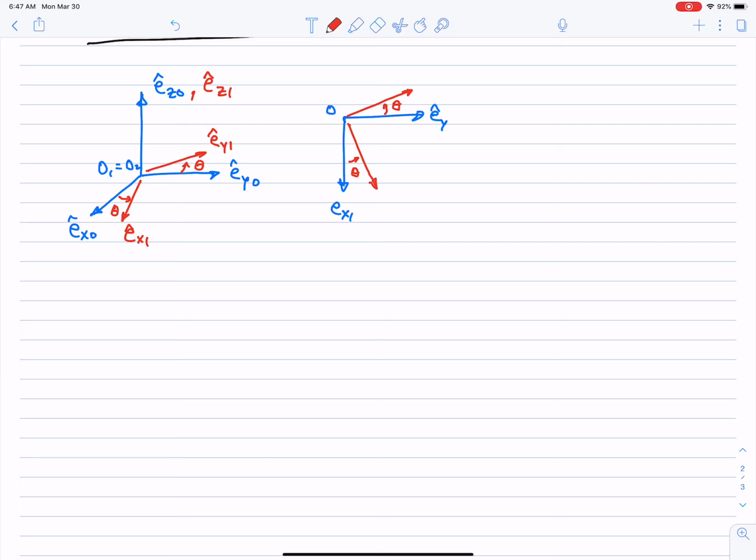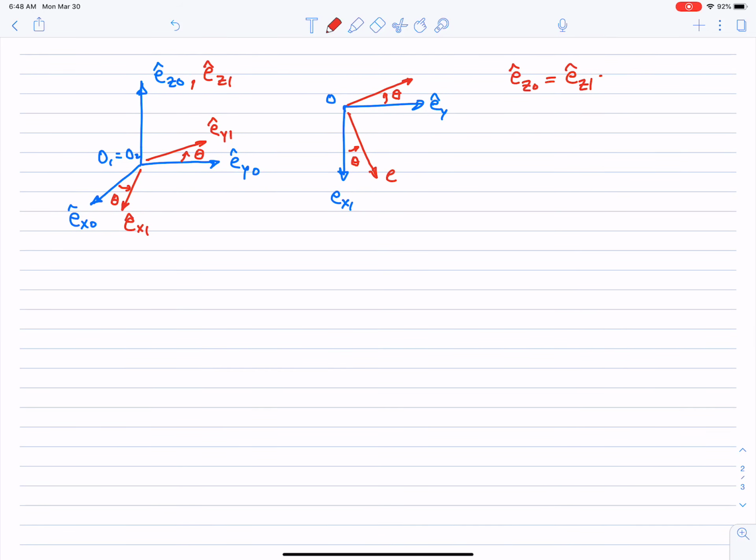Okay, z remains the same, x and y change. So EZ0 equals EZ1. Sorry, this should be EX0, this should be EY0, and this is EX1, this is EY1.